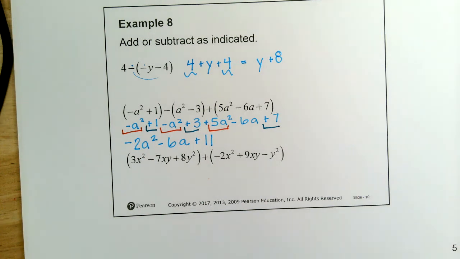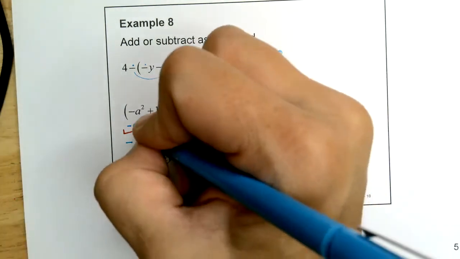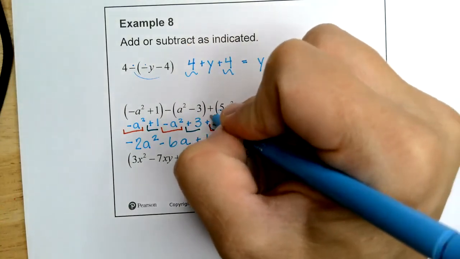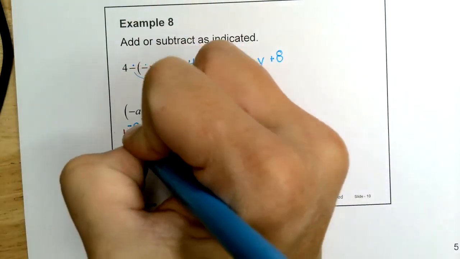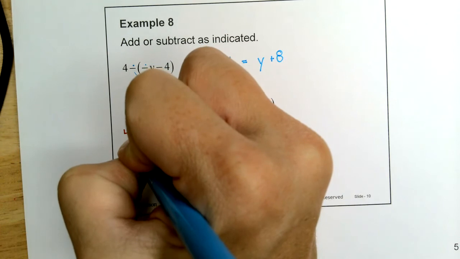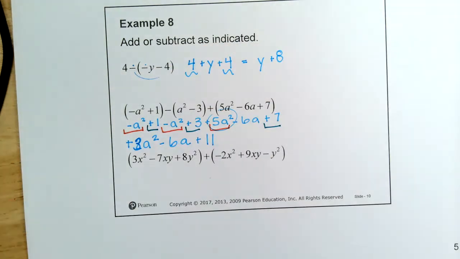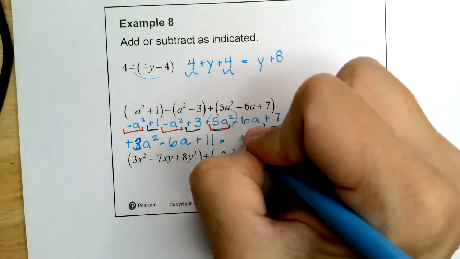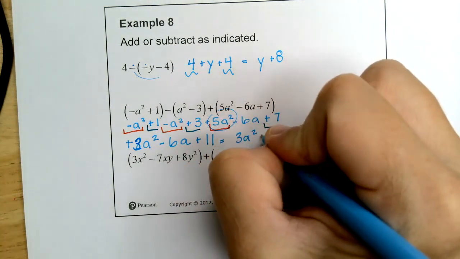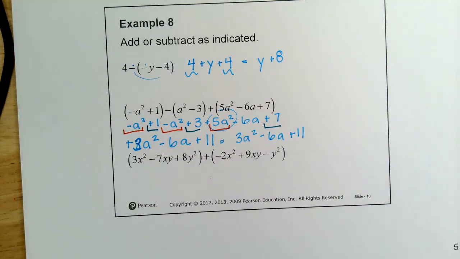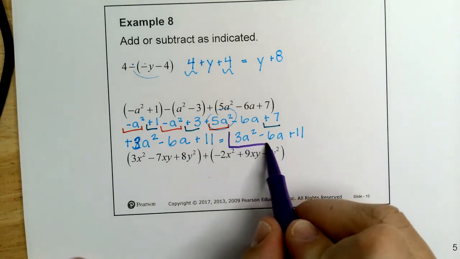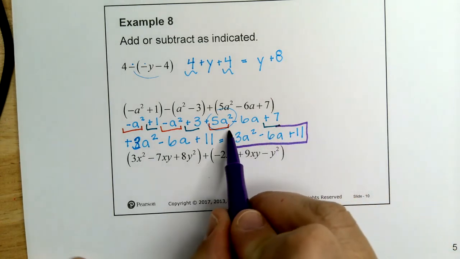I forgot this guy. Negative 2a plus 5 is just a positive 3a. Did you catch that? Did you have the right answer written down and I had the wrong one? So I have a plus 3a squared minus 6a plus 11. So I'll rewrite it as 3a squared minus 6a plus 11. That's as much as I can simplify it.